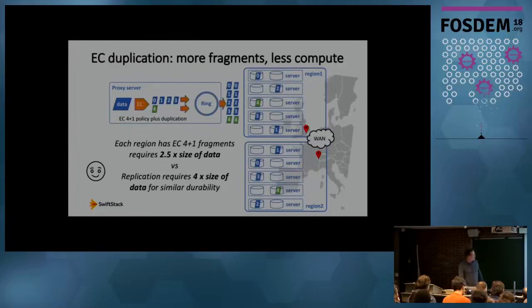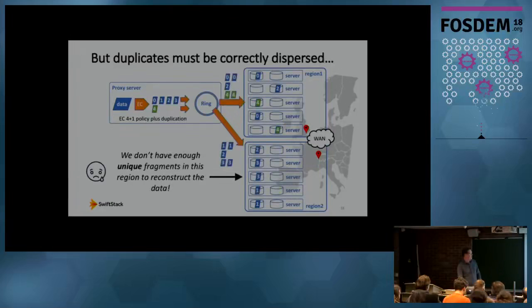So we can end up in a situation like this, where we have 5 fragments in each region, but we don't actually have unique sets of fragments in each region. Here, in my example, in the second region, I have 2 copies of fragment 1, 2 copies of fragment 3, and 1 copy of fragment 2, which only gives me 3 unique fragments. And again, that's not enough for me to reconstruct data from that region alone.